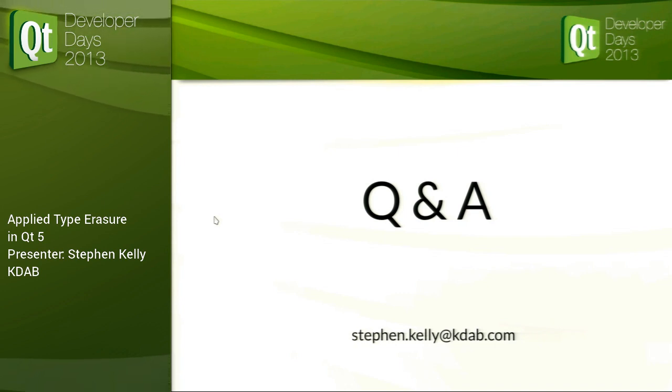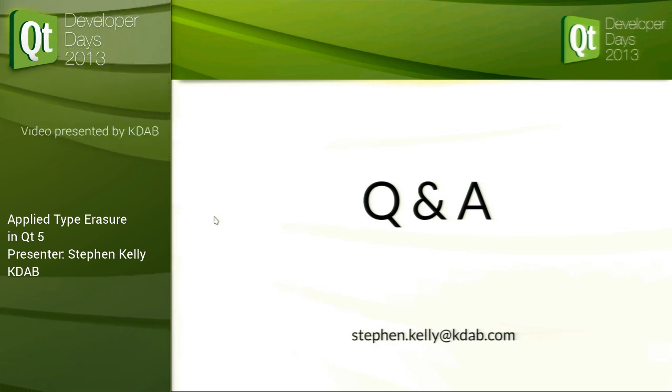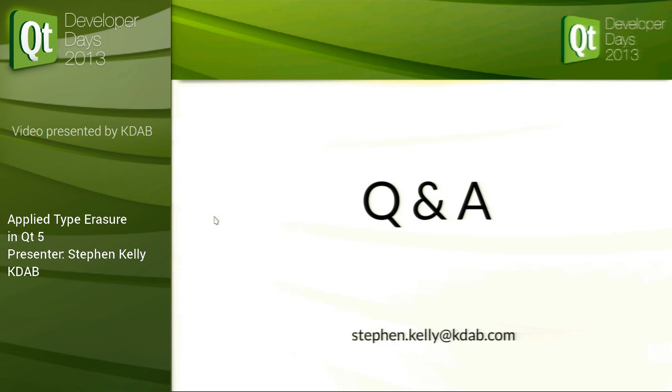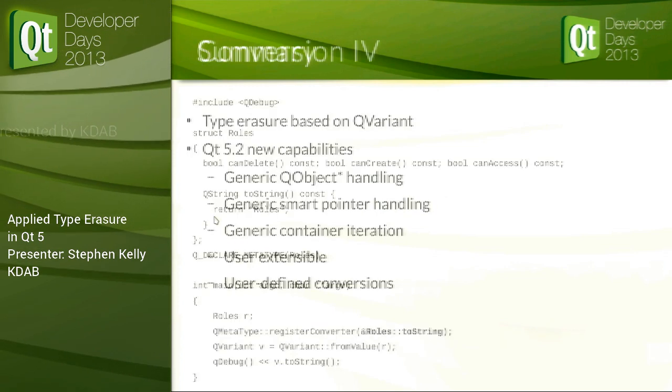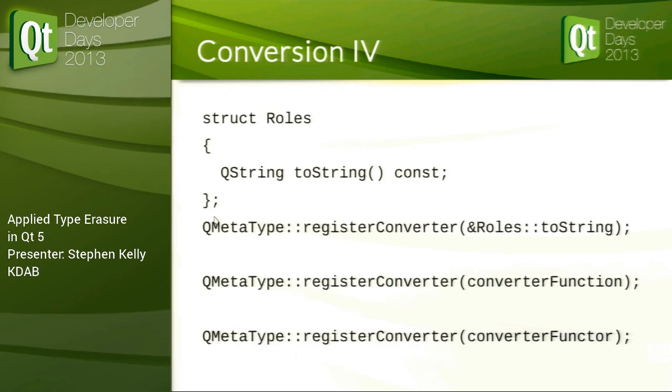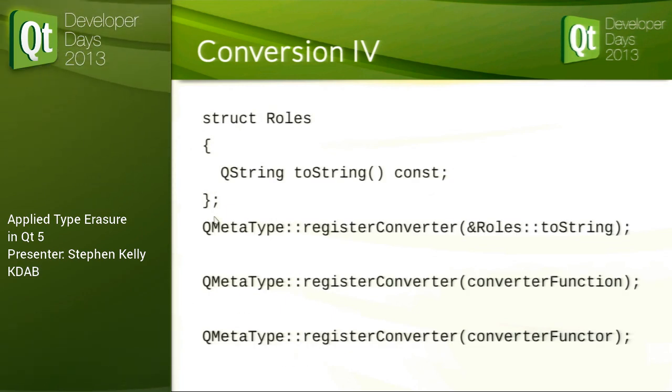Hi, I've got two questions. The first one: what's the toString for QObject doing, your default implementation, I guess? Is that just returning the class name? Assuming you put an arbitrary QObject pointer into a QVariant, and then at some stage you do a toString, what's the default implementation for that?